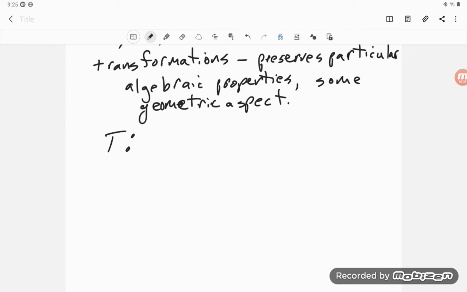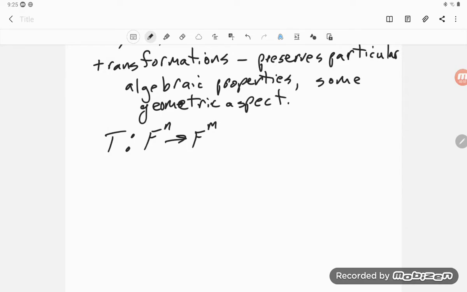Now your textbook, for their set, they'll say it goes from F^n to F^m. Now, why these F's?